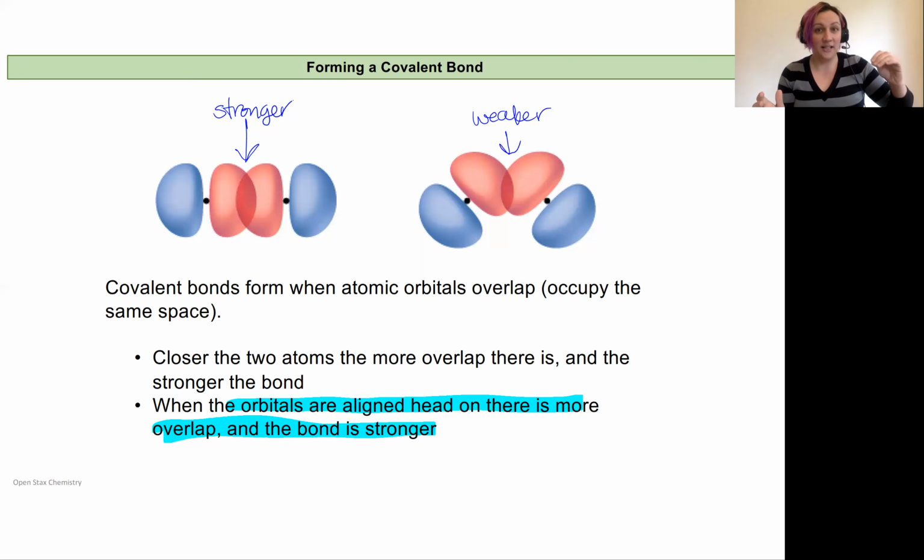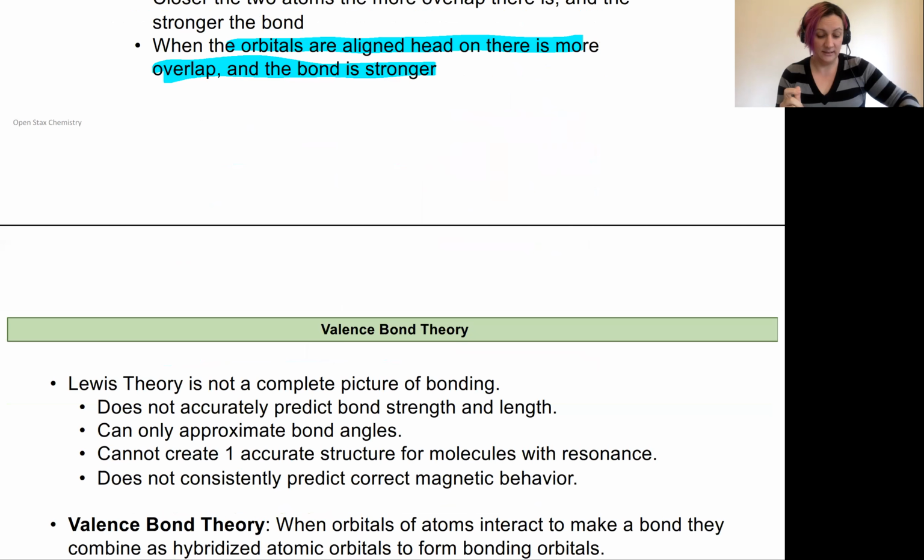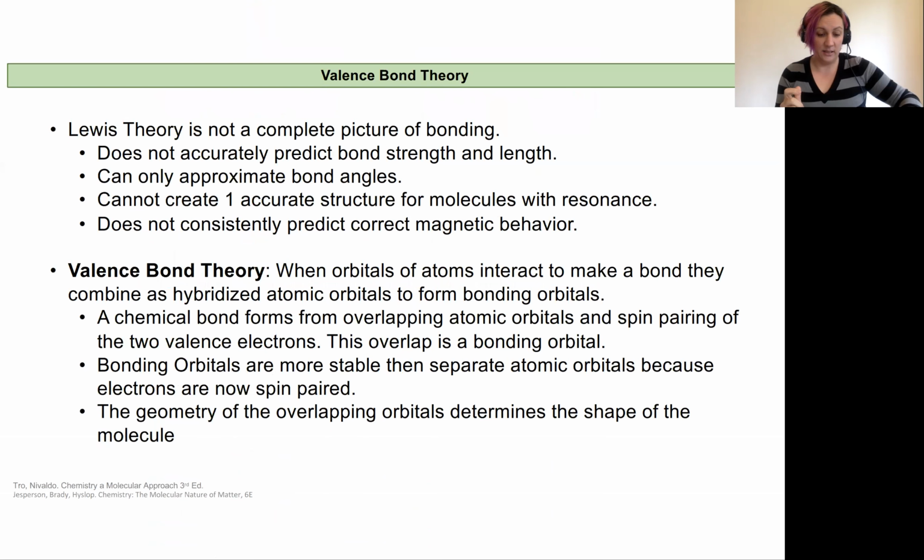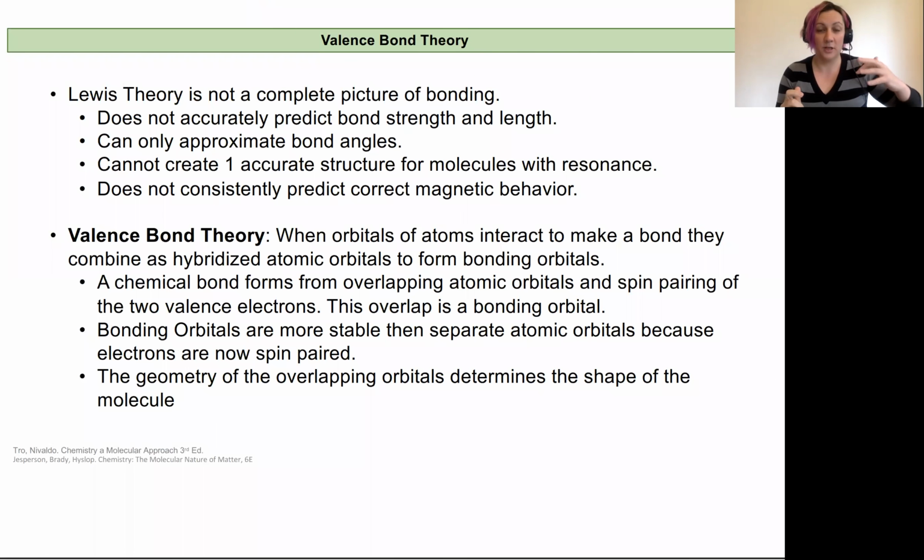The electron has a probability of being in that space as a wave, and the space where it's not, those nodes, that's the inflection of a wave, where it has zero probability of existing. So we're going to build on that idea to have a deeper way of looking at covalent bonds called valence bond theory.